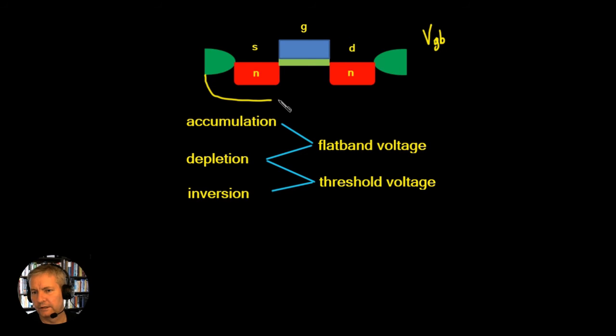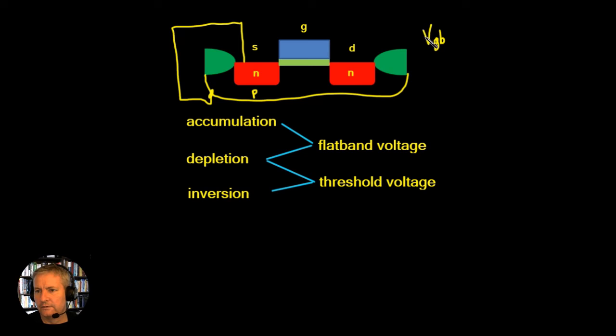If we were to draw this in, it would just be a p-type substrate. But we've said that the bulk is in effect the same as the source, so the bulk connection here is sitting at the same potential as the source. Okay, so that just sits at exactly the same potential, so in effect, as far as the voltage is concerned, it's just the same point.